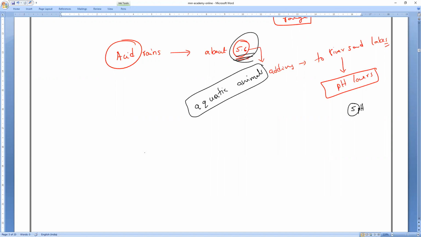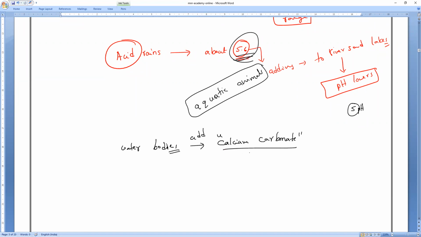Can you tell me what they will add to neutralize it? For water bodies, we have to add something. Anybody can tell? To neutralize acidity in water bodies, we add calcium carbonate. Why do we have to use calcium carbonate, Mr. Pugal?